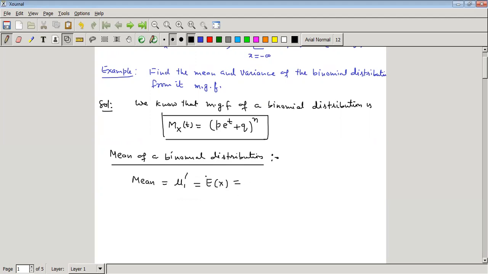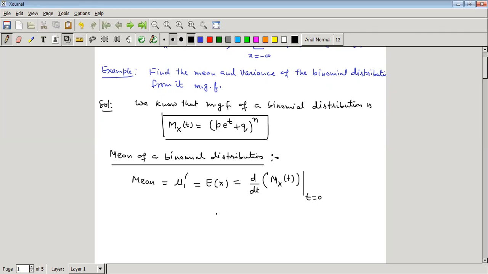We differentiate, because we know that mu r dash is the rth derivative of the moment generating function M_X(t) at t equal to 0. So mu1 dash is d by dt of M_X(t) at t equal to 0. If we first differentiate the moment generating function at t equal to 0, we get the mean of the binomial distribution.